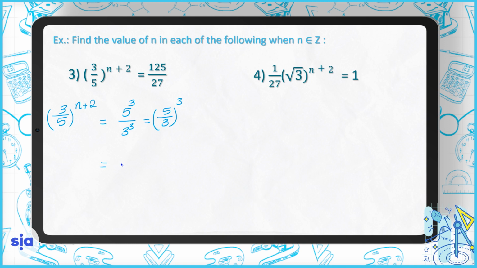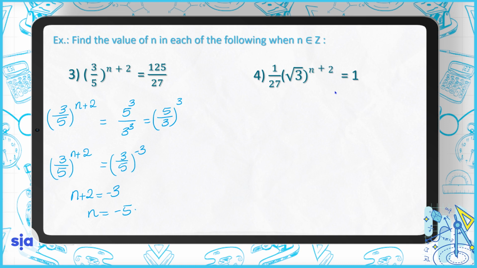But we don't want it as 5 over 3, we want it as 3 over 5. So we're going to flip the fraction and put a negative to the power. So 3 over 5 to the power of n plus 2 equals 3 over 5 to the power of negative 3. If the base is equal to the base, automatically the power is equal to the power. So n equals negative 5.